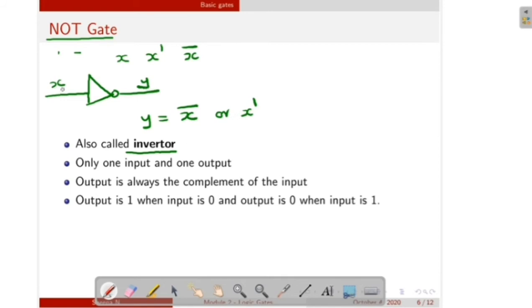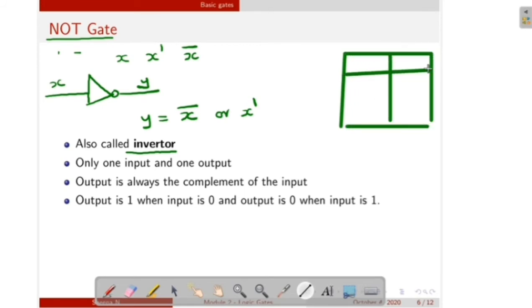If X is equal to 1, then Y is equal to 0. So we have the truth table. Here the truth table has only 1 input and 1 output. Here X is the input and Y is the output. This is the truth table.